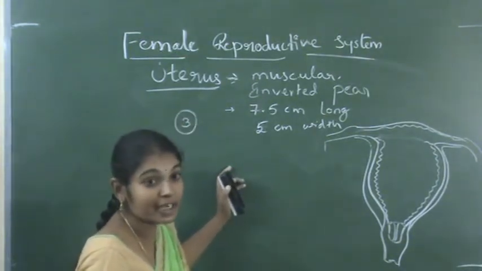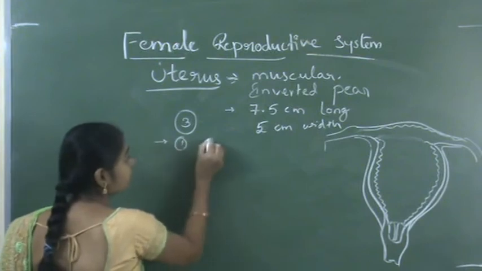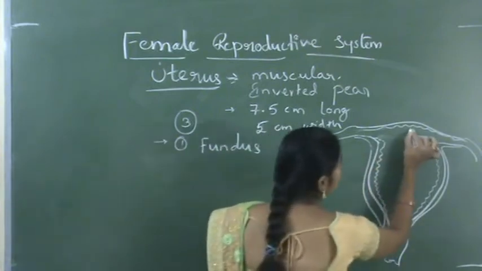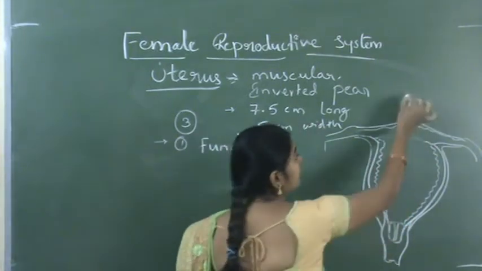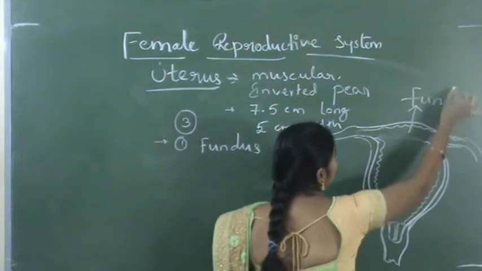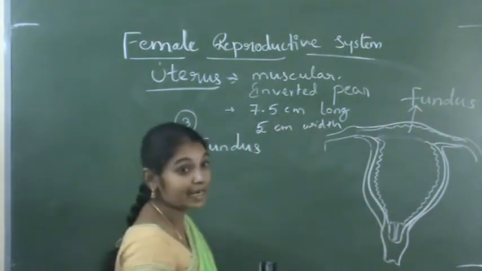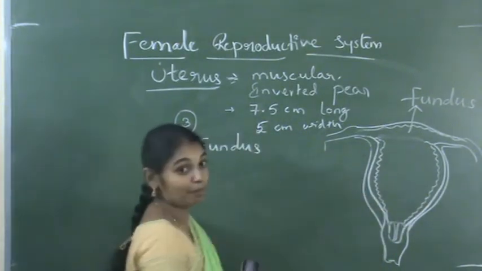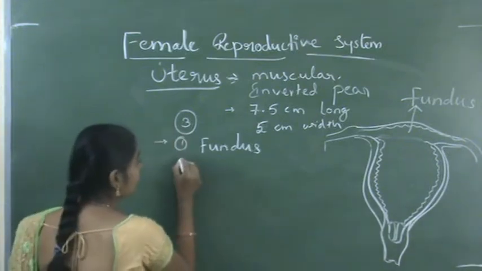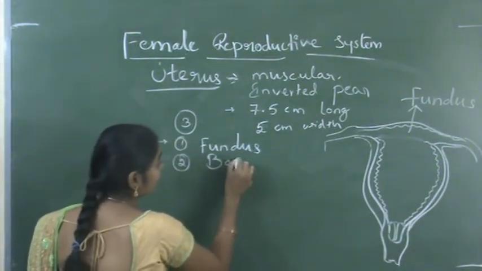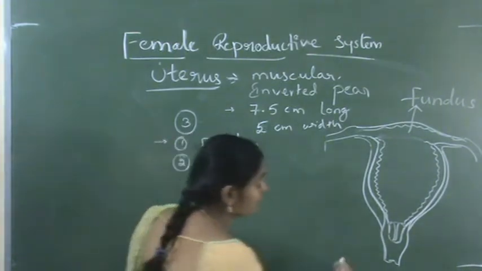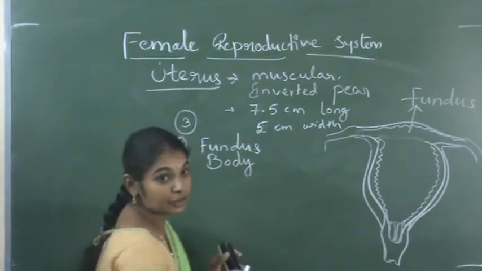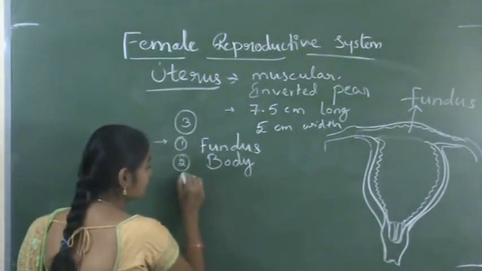The first part is the fundus, a dome shaped structure. The middle part, the wider or pear shaped part of the uterus, is known as the body. The last part, the narrow tube-like part, is known as the cervix.